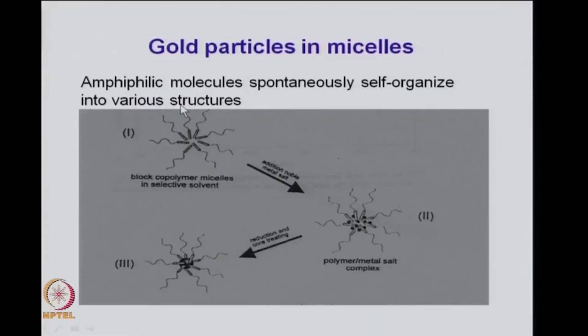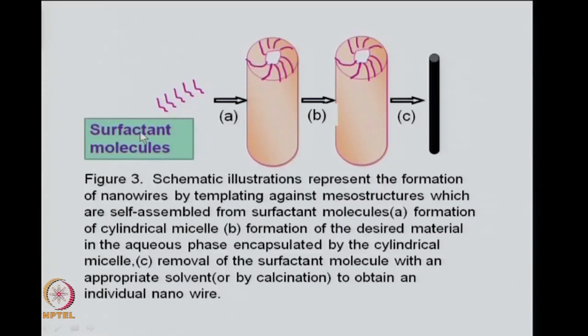So, this is an example where you have these surfactant molecules, and these surfactant molecules can be organized. They are organizing and forming a cylinder, okay. In that cylinder you can synthesize something within this cylindrical space, and then you remove the outside cylinder to give you the material that you want in the shape of a cylinder.